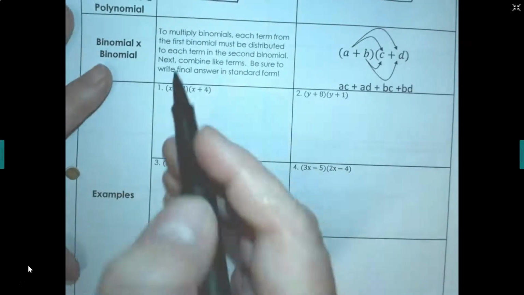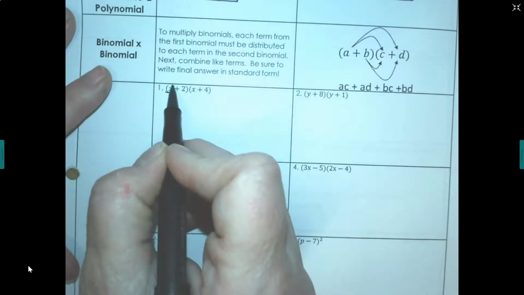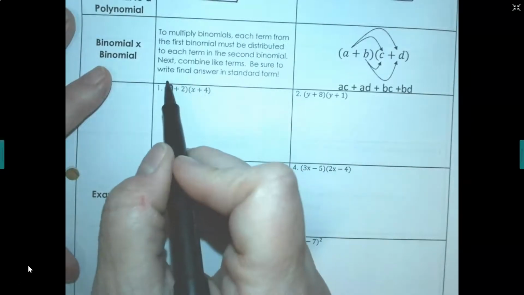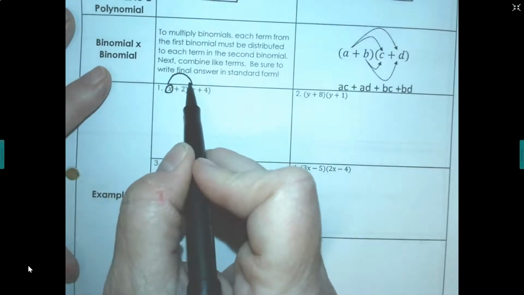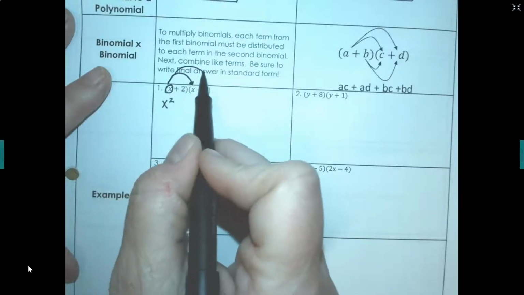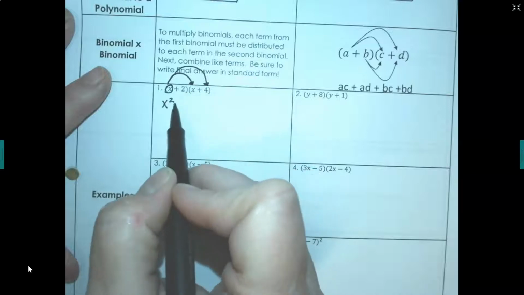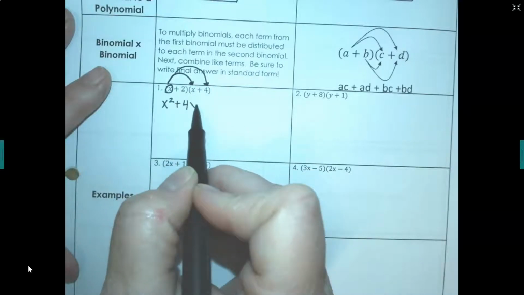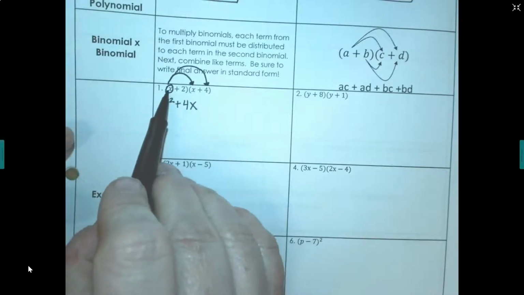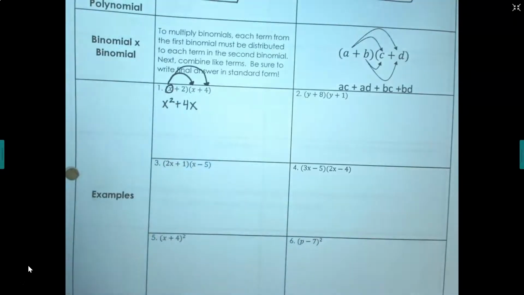So we're going to distribute. Let's just look at this x. This x has to multiply to x plus 4. So let's distribute it. X times x is x squared. Then we have x times 4, which will be 4x. So that was real similar to what we've done. But instead of just one term up front, I actually have 2.